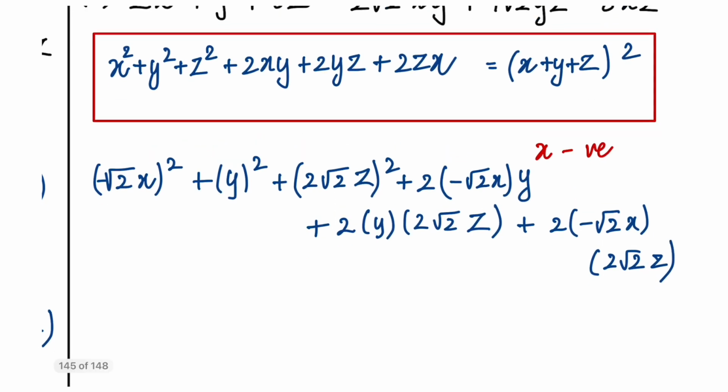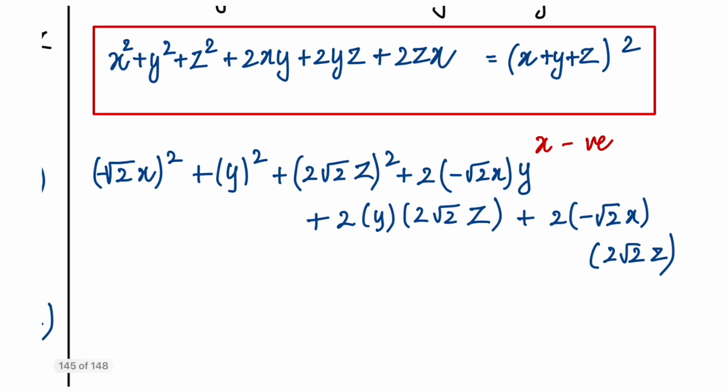Now, this is perfectly of the form x squared plus y squared plus z squared plus 2xy plus 2yz plus 2zx, right? So you can write it in the form of x plus y plus z the whole square. So that is minus root 2x plus y plus 2 root 2z. This is not like 2, it seems. I'll try to write it again.